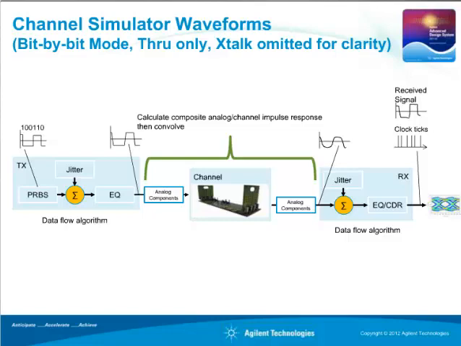And then when we get to the receive side, you'll see that the waveform, which is basically the combination between the transmitter and the channel, is applied to the receiver at the input. Then we can deal with receiver timing jitter, equalization, clock and data recovery. And then the output becomes what is then your received signal and clock ticks as well if you need them.